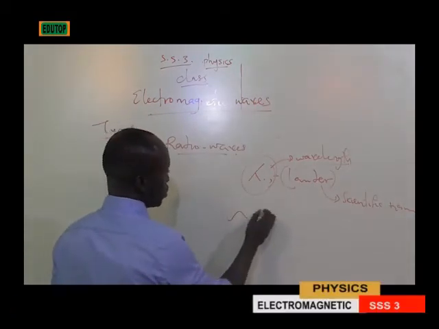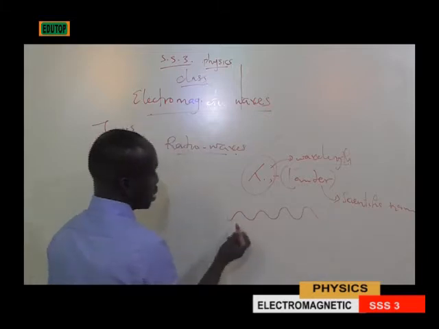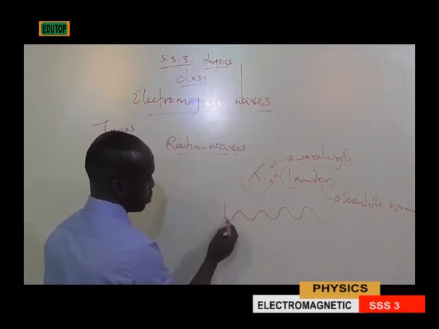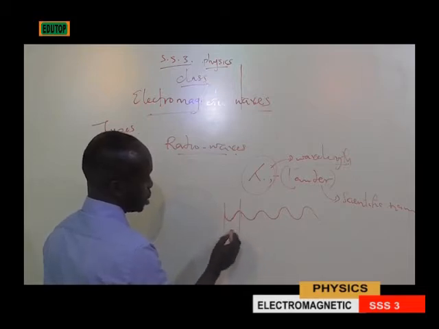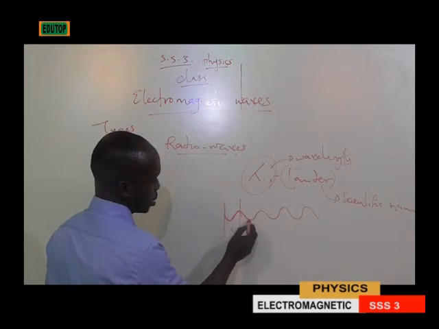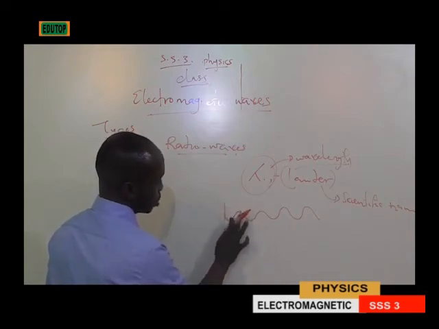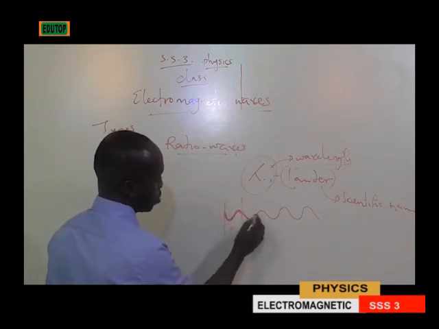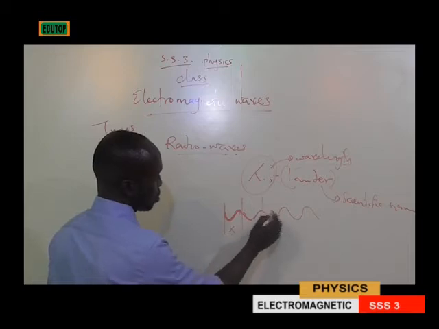If this is your wave, the wavelength is the length to cover one particular cycle. If it starts from here and stops here, this is one wavelength. If another one goes like this and stops here, this is another wavelength.